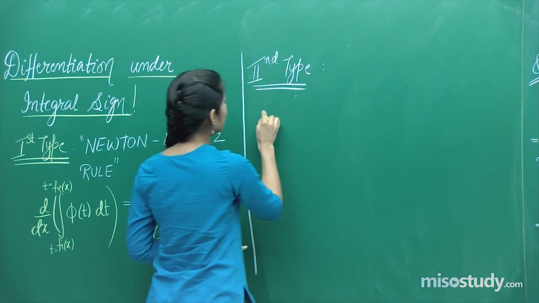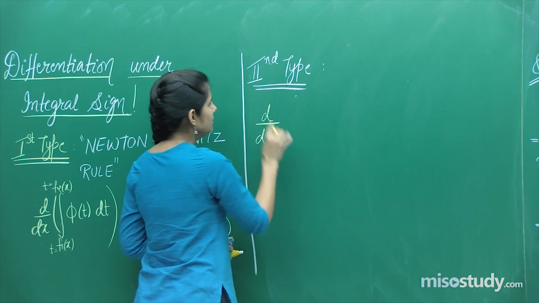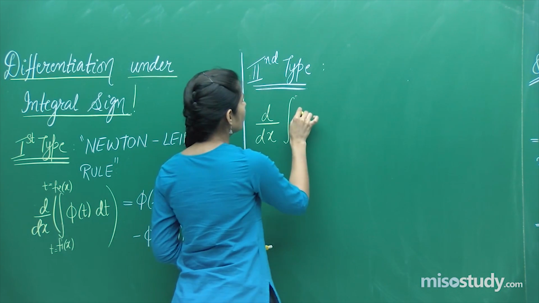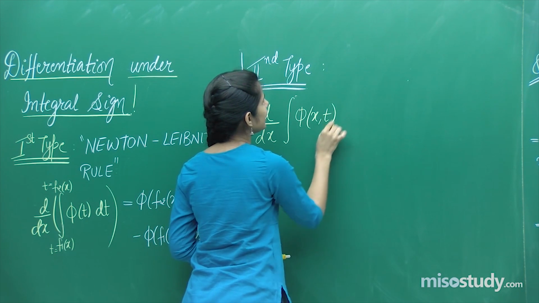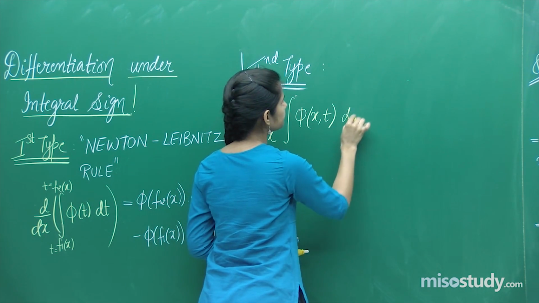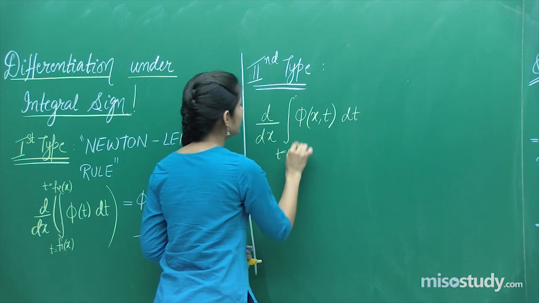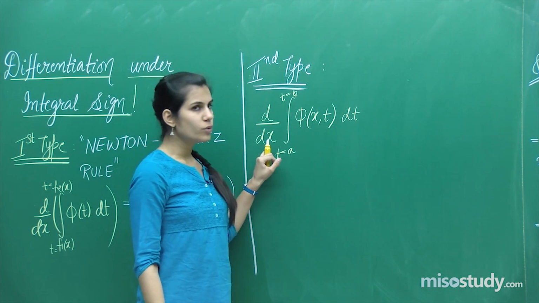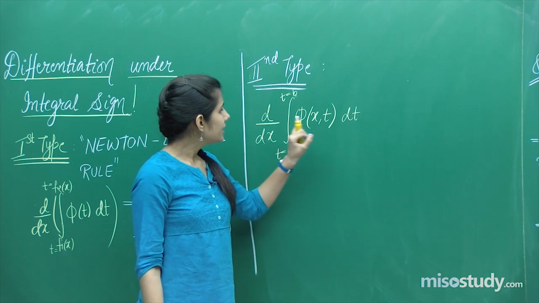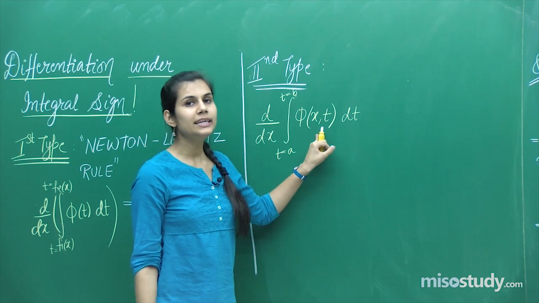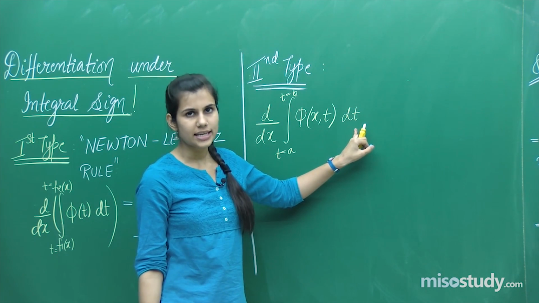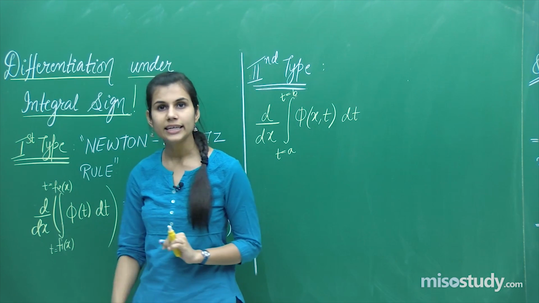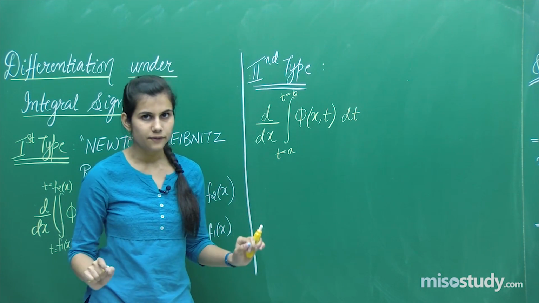The formula to compute differentiation with respect to x of the function sitting inside the integral which has x and t both, and the limits are just constants a and b. So x with which you wish to differentiate is sitting in the integrand along with the independent variable with which the integration is taking place, but not in the limits. Here it was just sitting in the limits, not in the integrand. That's how types are differentiated.